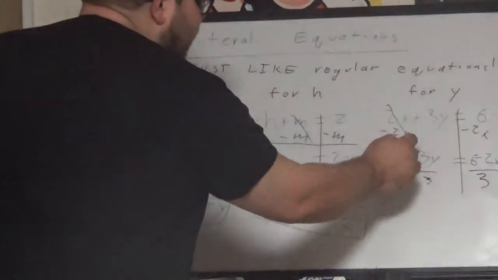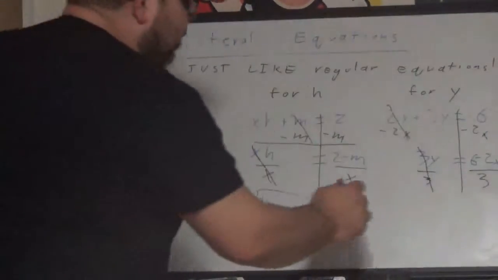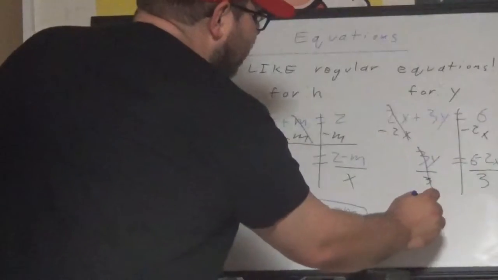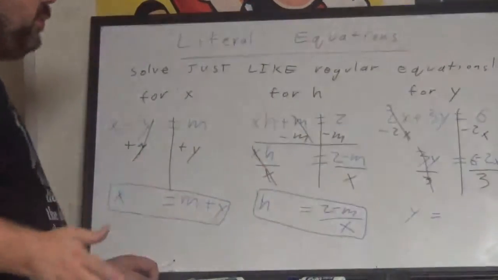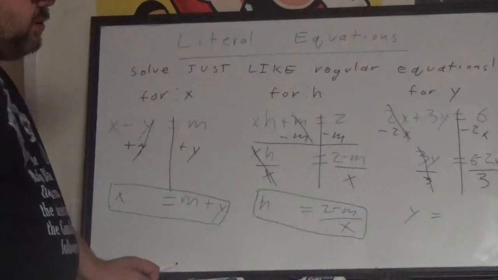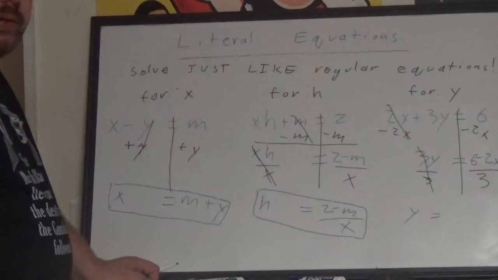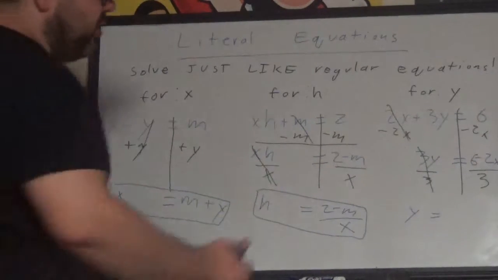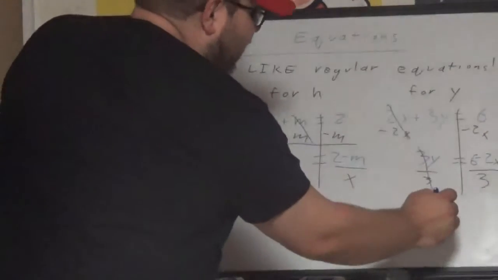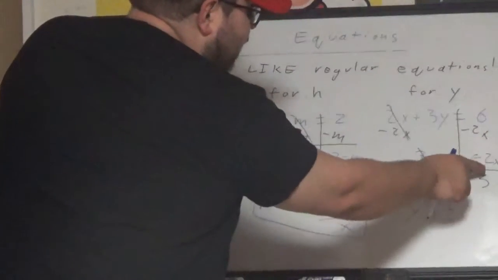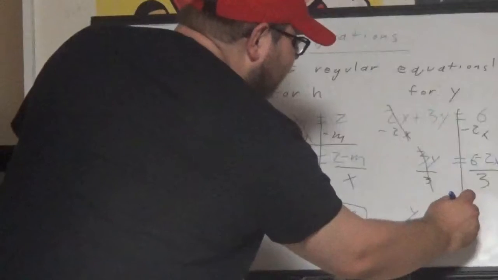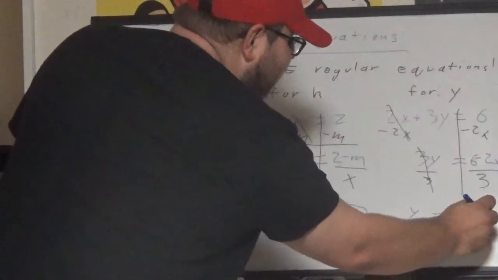The 3 cancels on this side, and now we get into a situation where we're actually doing numerical math. 6 divided by 3 is 2, so we can divide 6 and 3 and get 2, and 2 divided by 3 is 2/3.